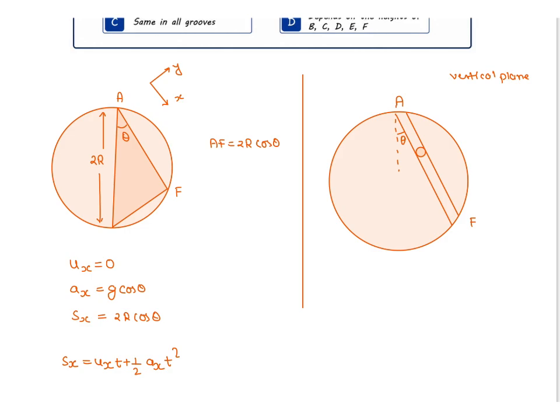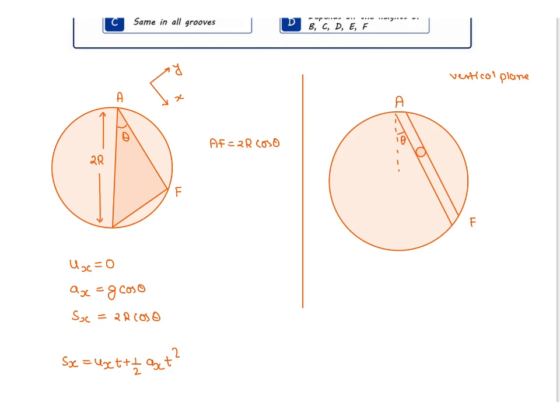Let's first analyze what kind of forces can be present in this situation. This groove can exert a normal force on this particle, because there is no frictional force which can act along the inclined surface.